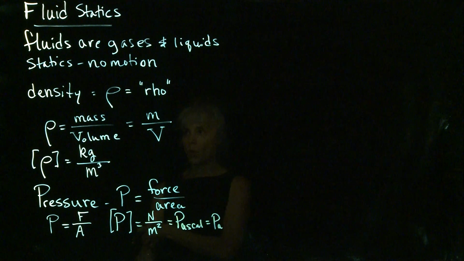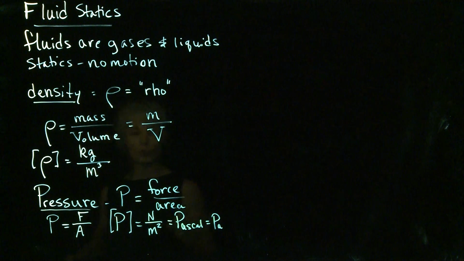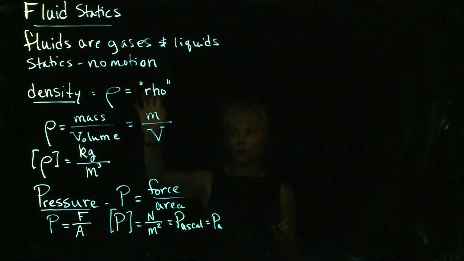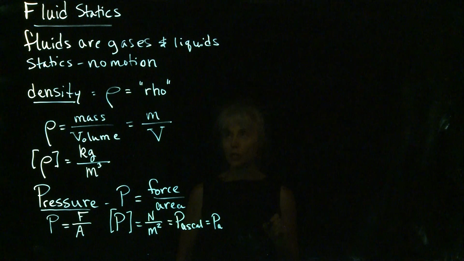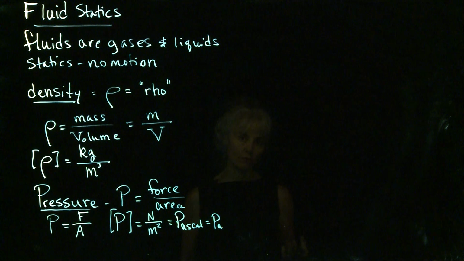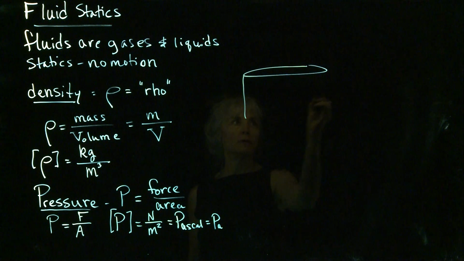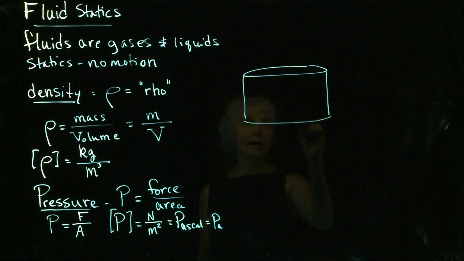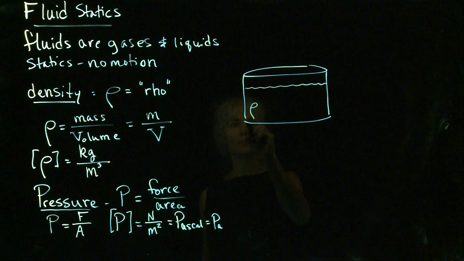So these are some quantities, both the density and pressure, that we need to be familiar with and remind ourselves of. I know that you've seen these somewhere in your past, and so here they are as a reminder. So now, fluid statics. So let's talk about fluids and how they behave and how objects behave when they're in fluids. So when we have a vat, let's say, and it has some kind of fluid of density rho in here.